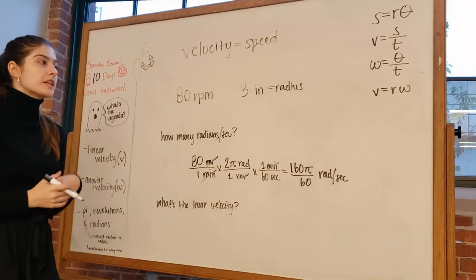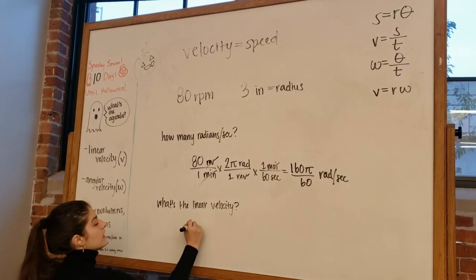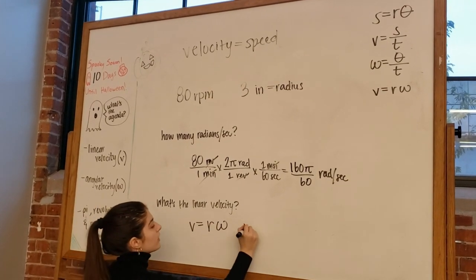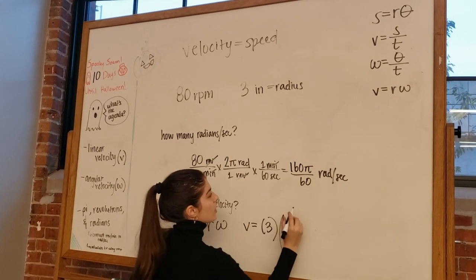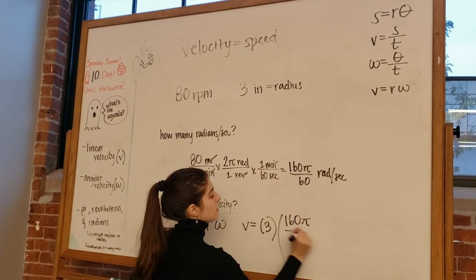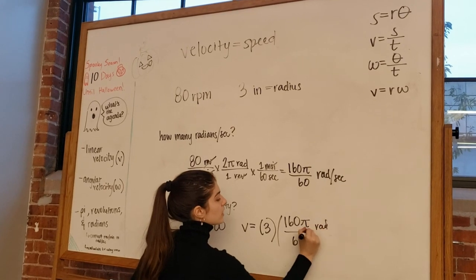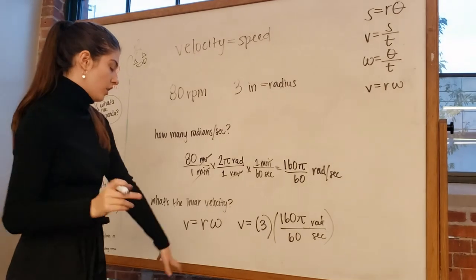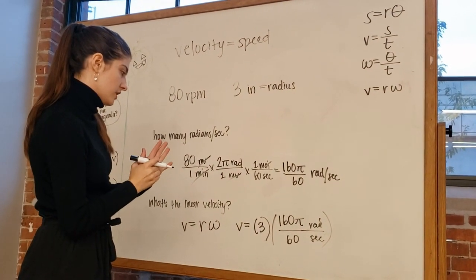Then I want to know the linear velocity. Now this is where we put the radius in. So V equals R omega. Our linear velocity equals our radius 3 times our omega, which is our radians per second right now. That is going to reduce to some fraction that I can't think of at the top of my head.